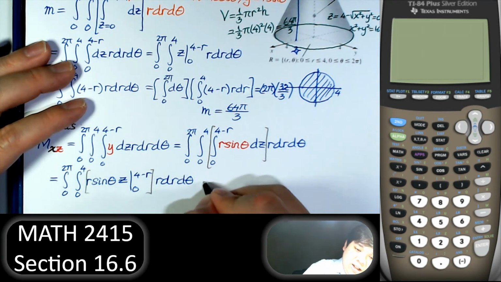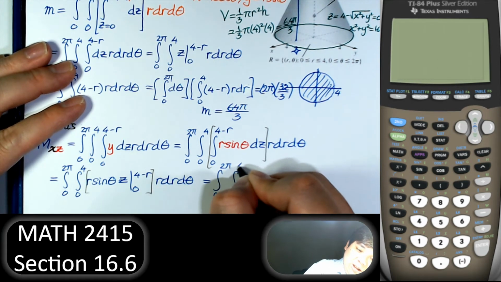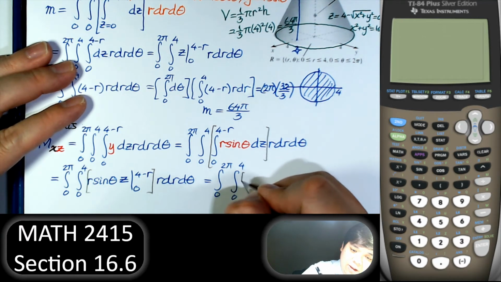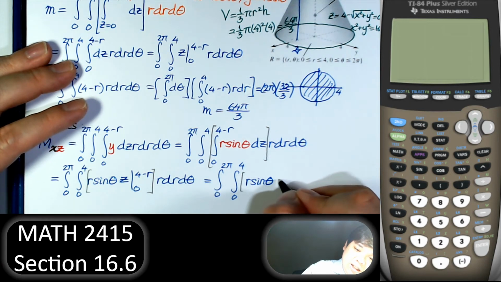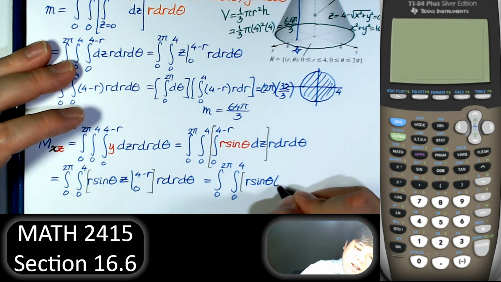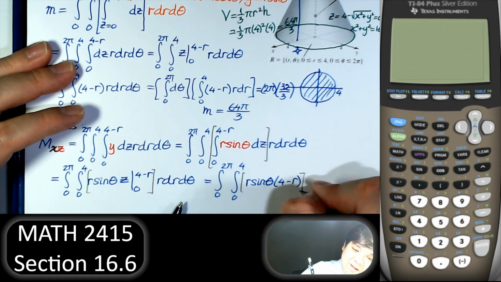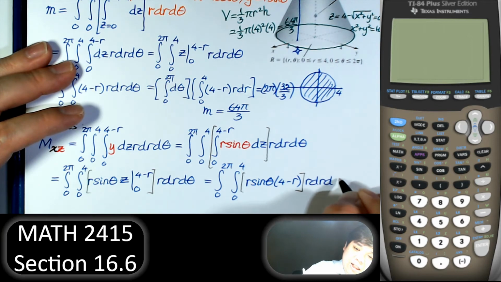Now inside, we have r sine theta. Put this in for z, 4 minus r. That's it. r dr d theta.